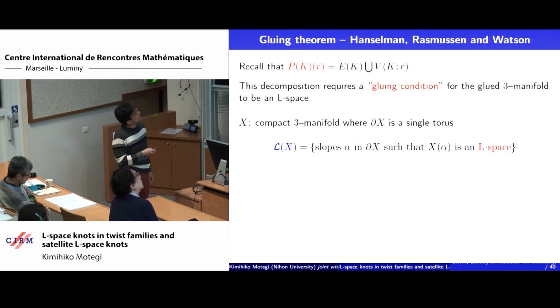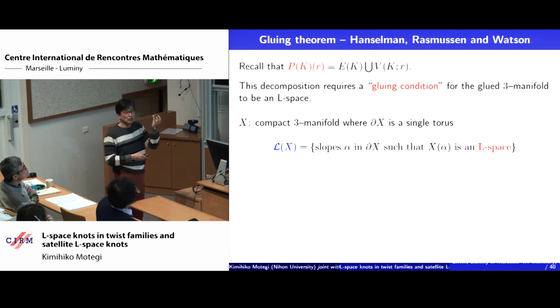Let X be a compact 3-manifold with a single boundary torus, and L(X) denotes the set of L-space fillings.